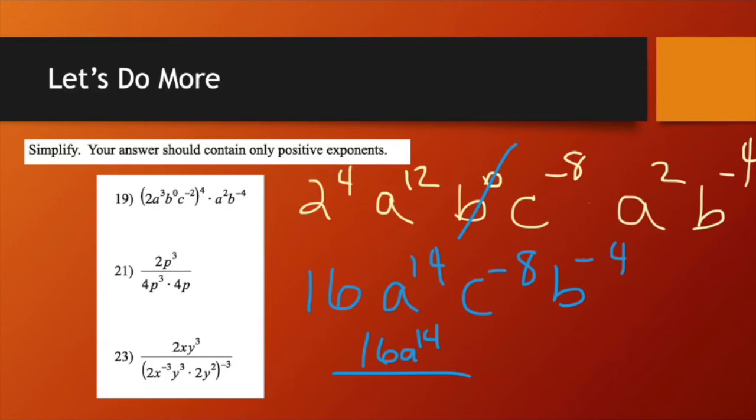Then we're going to put some stuff in the denominator, the stuff that's negative: c to the 8th, b to the 4th. So anything that has a positive exponent is in the numerator. Anything that has a negative exponent goes down into the denominator. Let's do number 21.